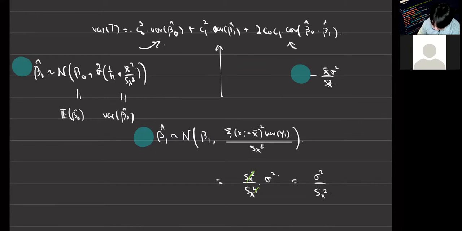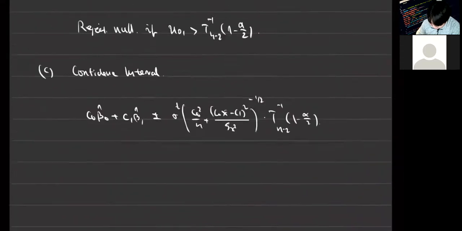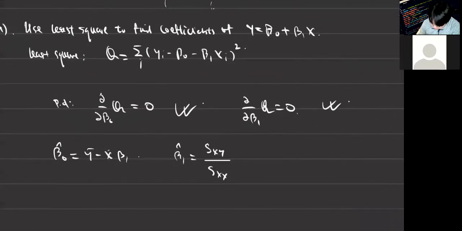You take the expectation of beta 1 hat and try to solve it, the variance of beta 1 hat and try to solve it. The setup is rather straightforward. You have your coefficients: beta 1 hat is whatever we found from least squares, and beta 0 hat is this one. You take the expectation of both of them, or the variance of both of them, and you can solve for the asymptotic distribution.